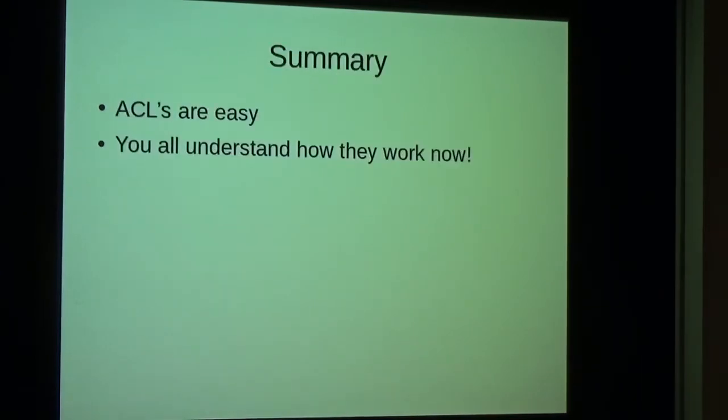Allow means that the ACL entry, if it matches, is allowed. Deny means that it's denied. I think ACLs are pretty straightforward and easy. Hopefully you guys do too. And hopefully that made sense to you, and you all understand how they work now, because they're easy.